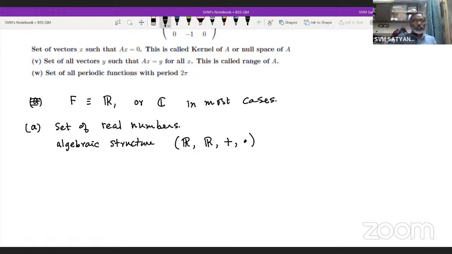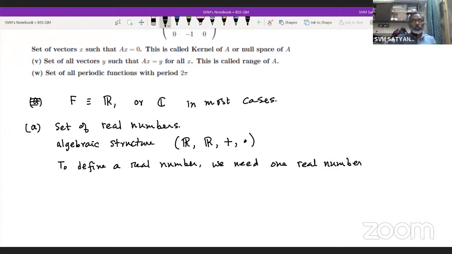So to define a real number, we need one real number. So what is the dimension of this vector space? The dimension of this vector space is simply 1.